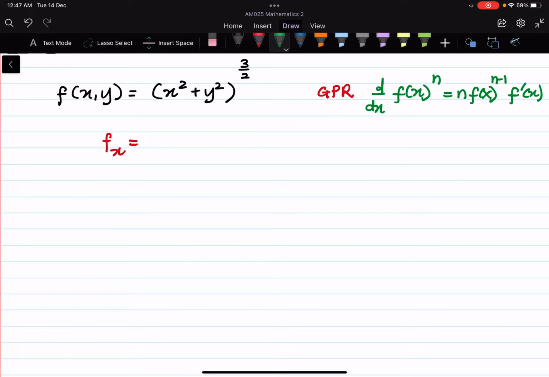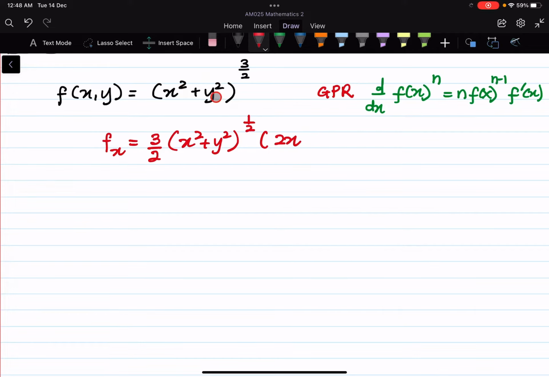So using this rule, what we have to do is bring down the power, copy down x squared plus y squared. The power minus 1 is 1 over 2, and differentiating x squared with respect to x is 2x.